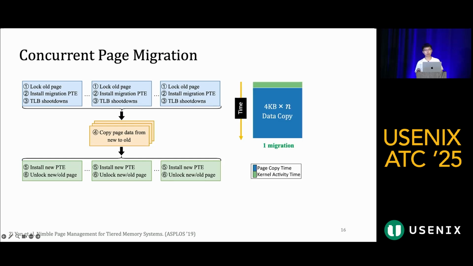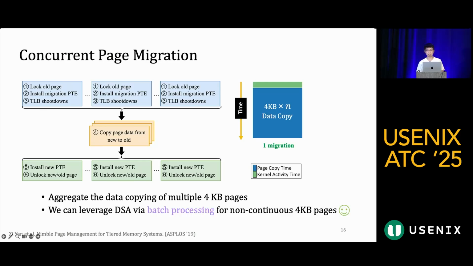In effect, what used to be separate 4 kilobyte migrations is now merged into a single aggregate migration. This allows us to aggregate the data copying of multiple 4 kilobyte pages. Thus, we can leverage DSA's batch processing capabilities for non-contiguous 4 kilobyte pages.